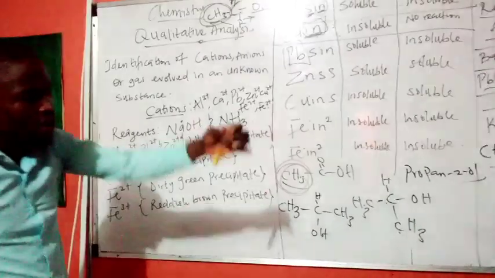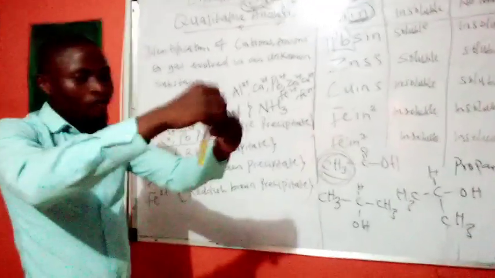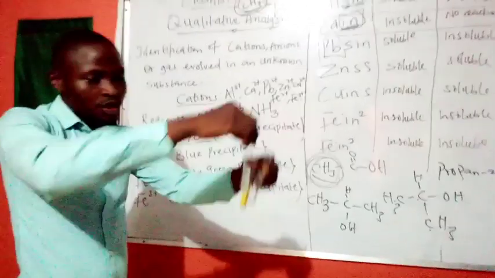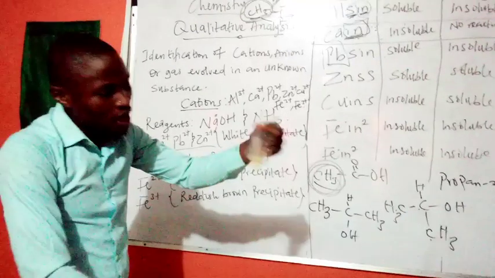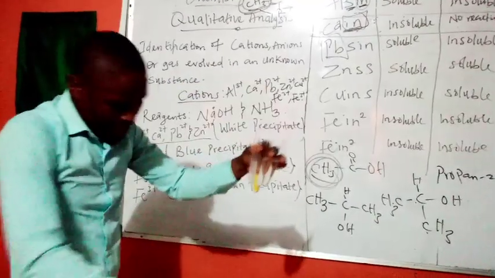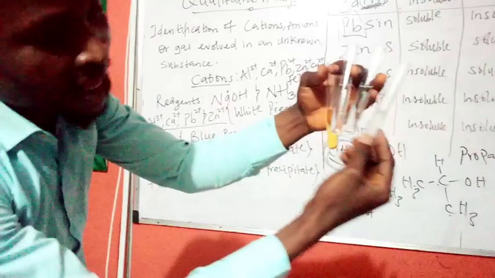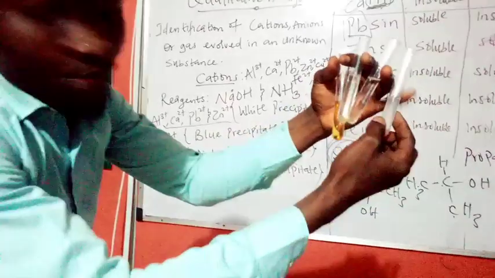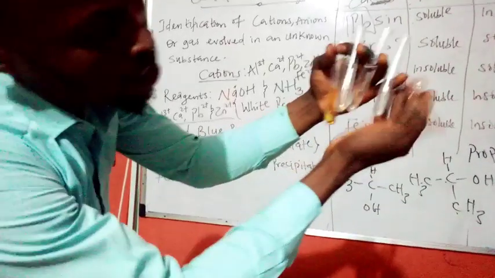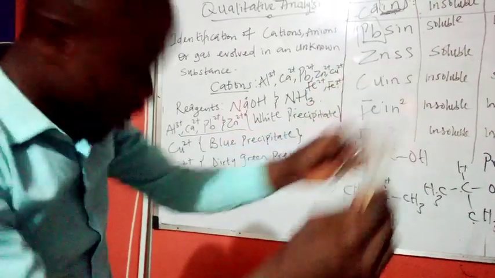So in a nutshell, of all the reagents, you can see that it is only propan-2-ol and acetic acid. Like you can see, this and this are different. It is because of the light that we may not be able to see the yellow color of this. It is only these two reagents that will not give colorless.